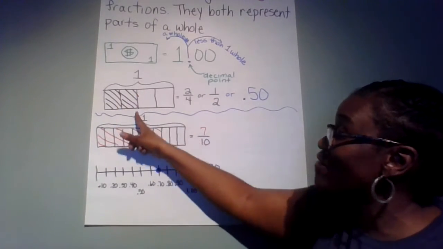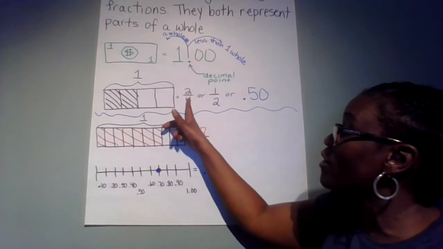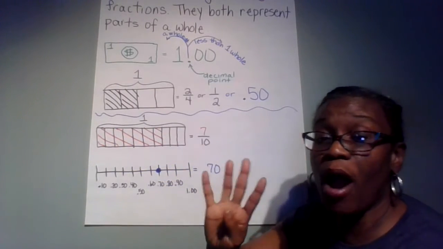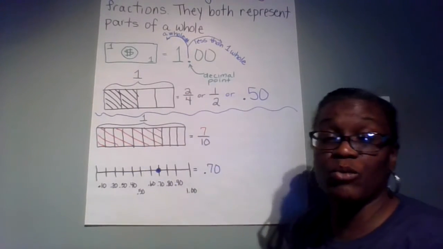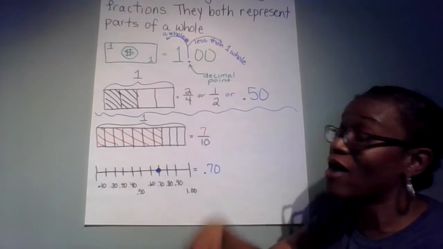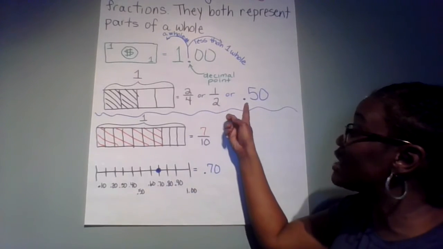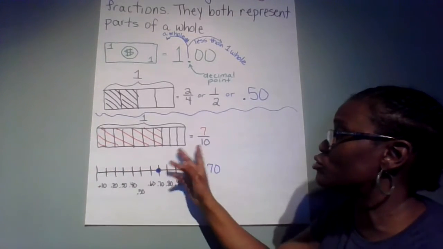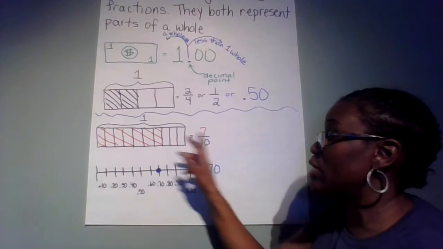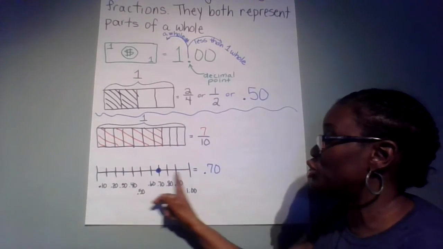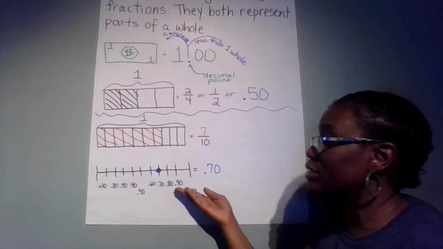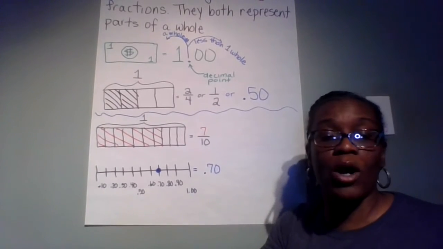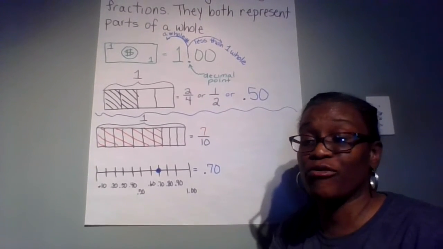We know that half of a dollar is 2/4, and that we can rename that as 1/2 or even rename it as a decimal, 0.50. And now we just learned how to shade in a tape diagram with a fraction and then show that same fraction on a decimal number line. And so this would be a beginner's 101 lesson for fractions.